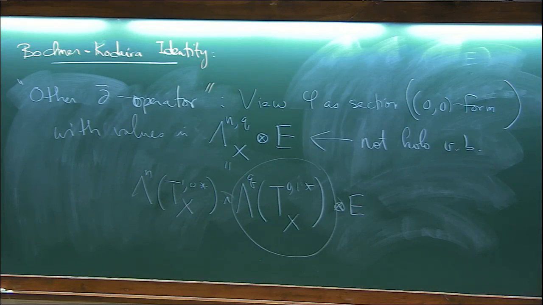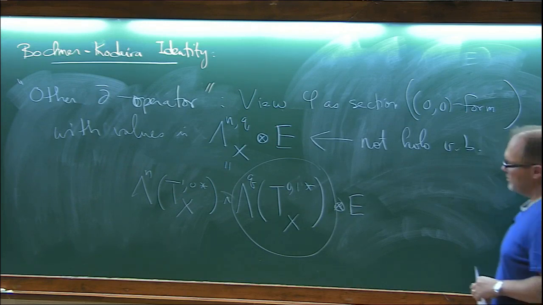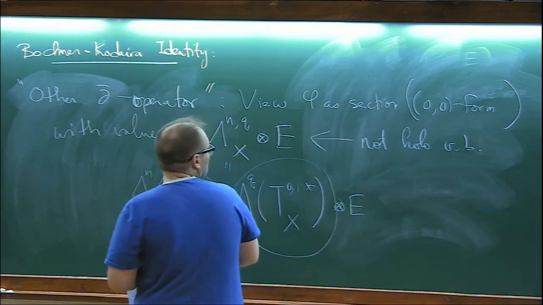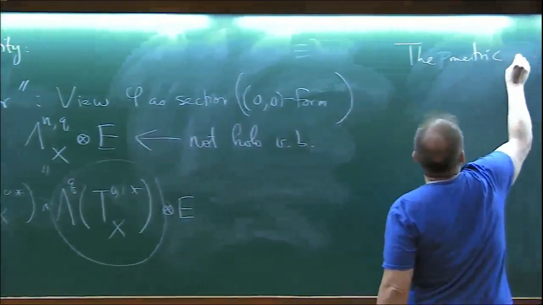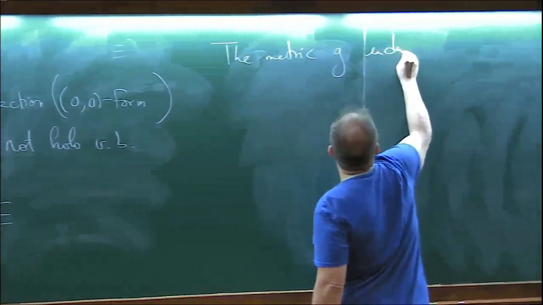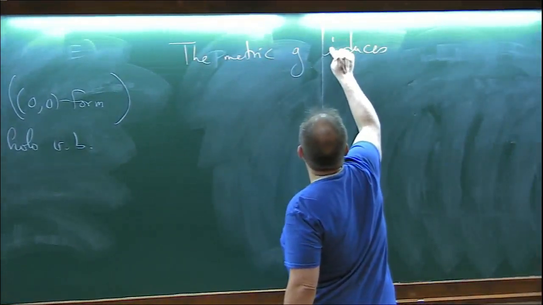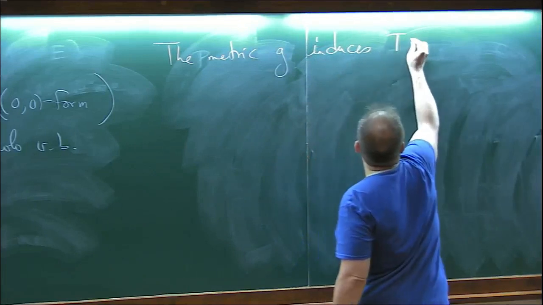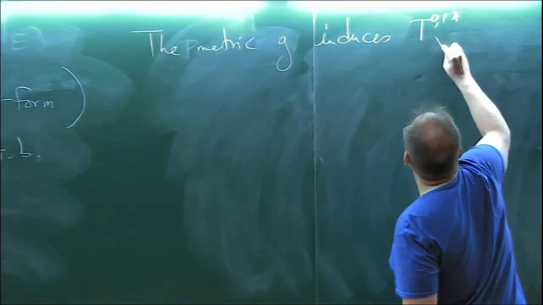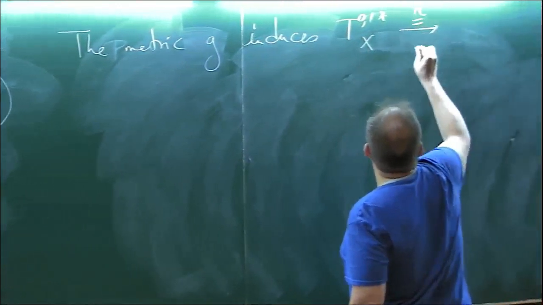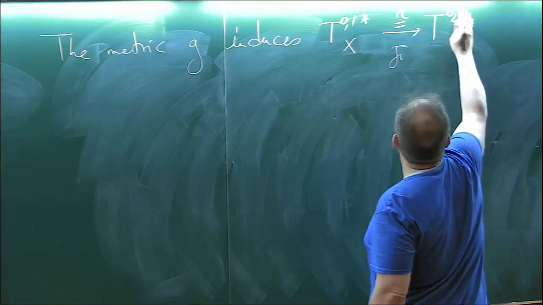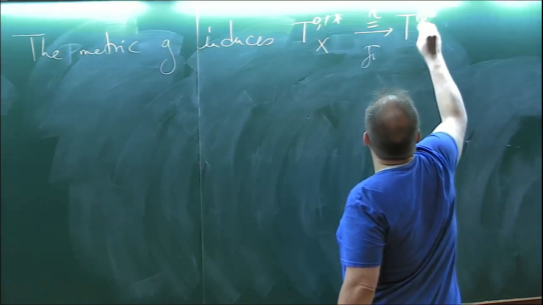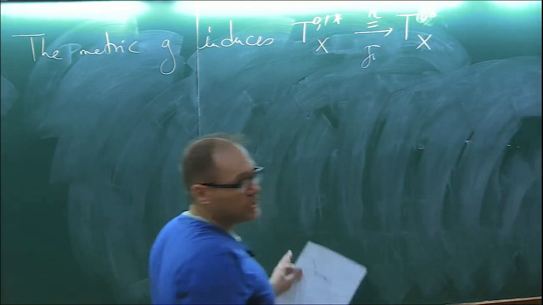So how do we do that? In fact, because we have a metric G, the metric G induces an isomorphism from T 0,1 star X, let me call this thing F, with T1,0 of X. No star now.